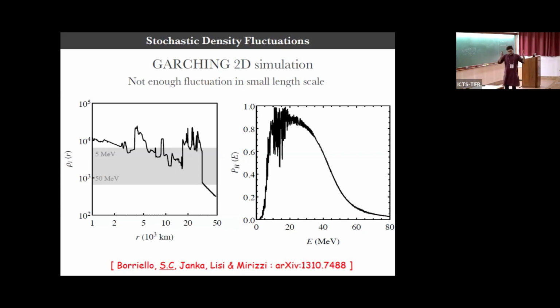You need even more precise data for 3D simulation. So we are still further out from there, but whatever you have, because that's how we can talk in science, right? With the information at hand, we found there is not enough fluctuation in the small length scale. So the turbulence effects are there, but exactly how important are they? We still have to wait.